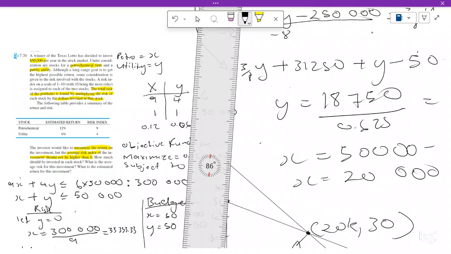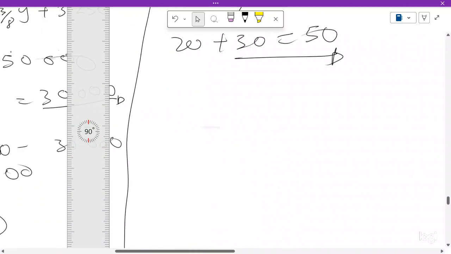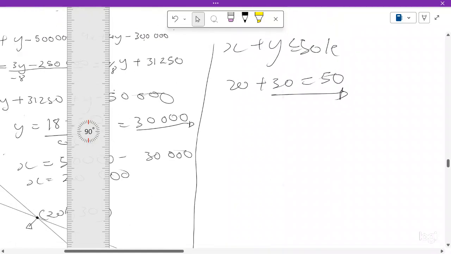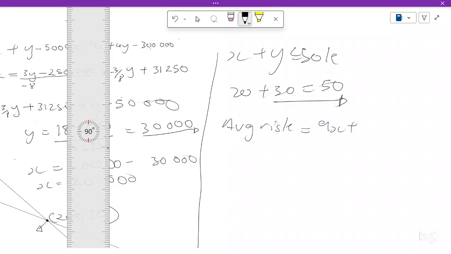We do have our variables, the two of them, and our constraints. The objective function in this case is not leading anywhere.